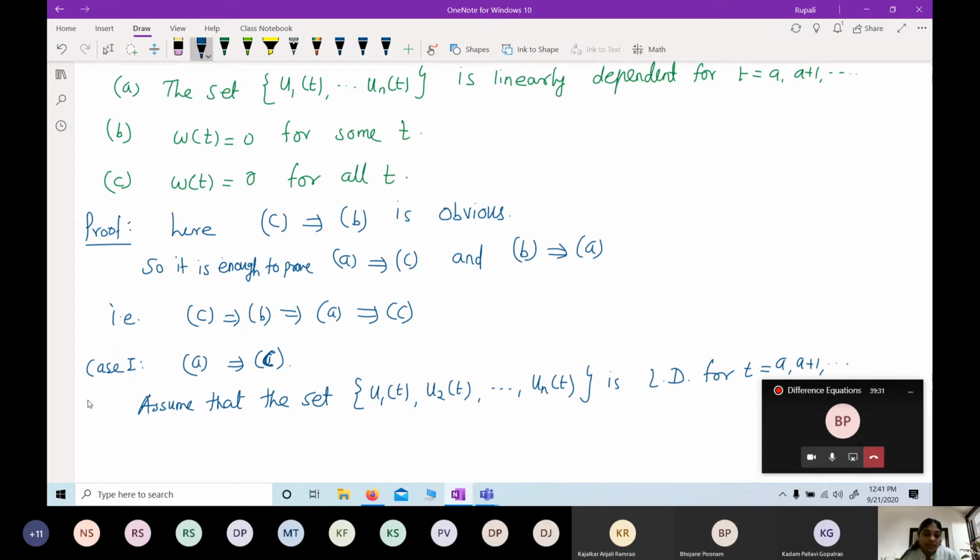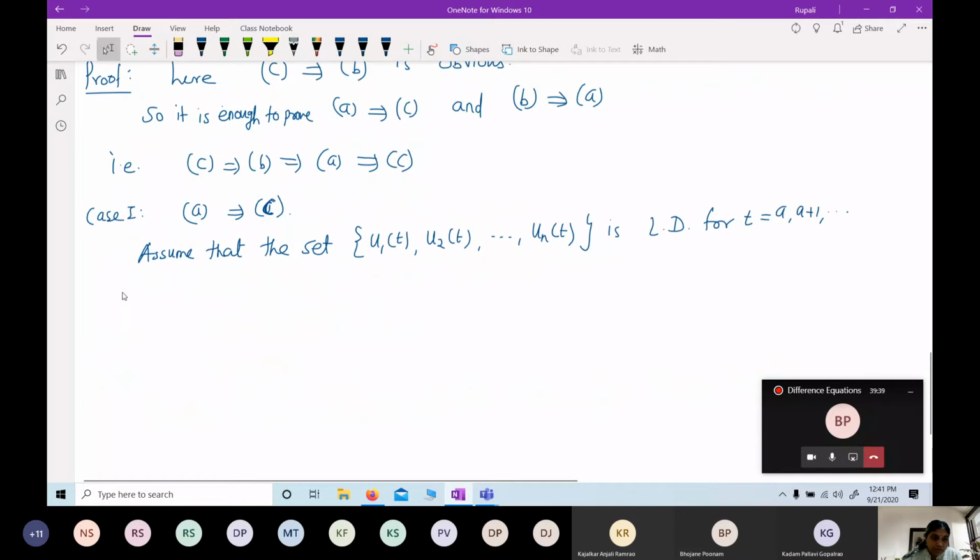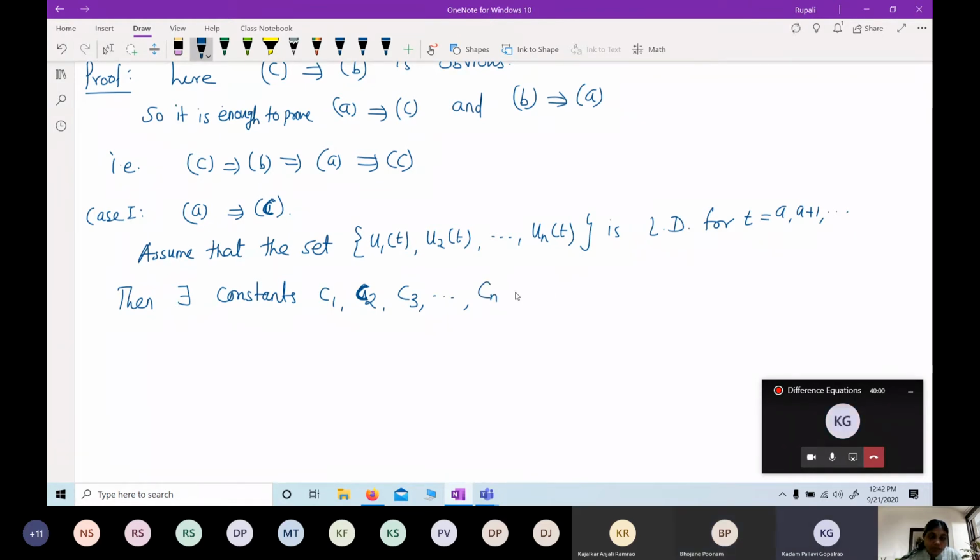So what is meant by this set being linearly dependent? There exist n constants c1, c2, ..., cn, at least one of them non-zero, not all zero. If they all are zero, then it will be linearly independent. Here we are assuming it is linearly dependent.